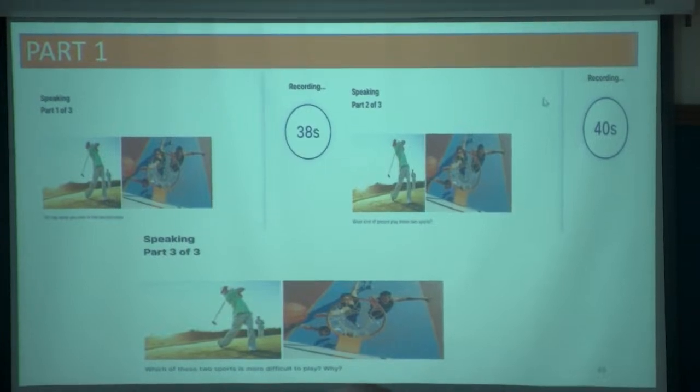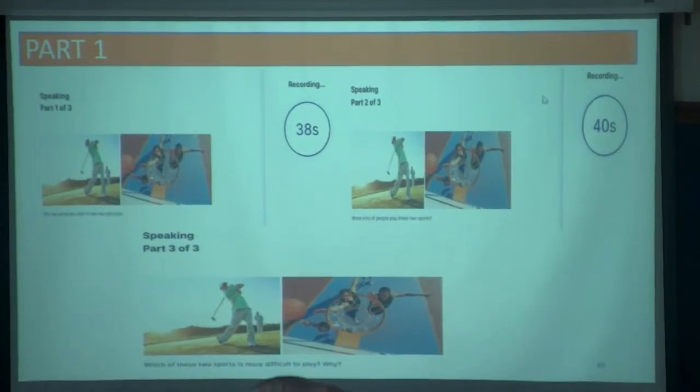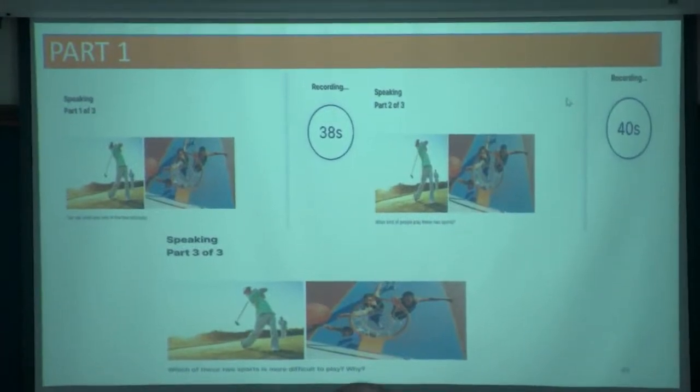Now the two photos I have on screen show outdoor sports, and these two outdoor sports are very popular among youngsters, for example. However, golf is more popular among the rich, the rich and more influential people. However, basketball is more for commoners, if you want to talk about that.